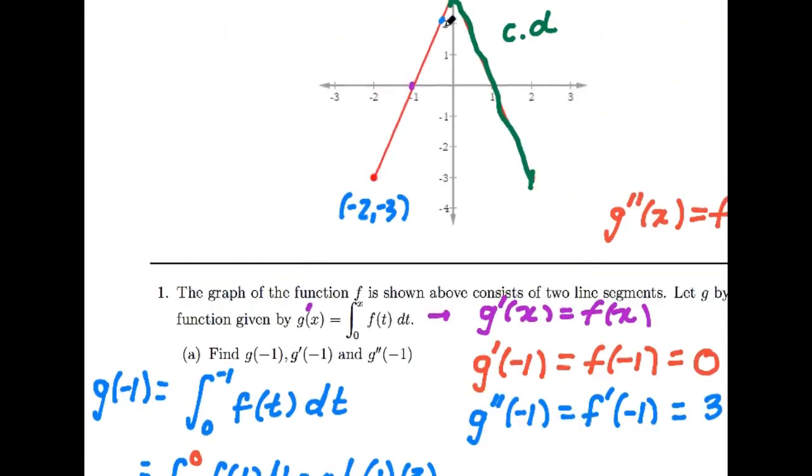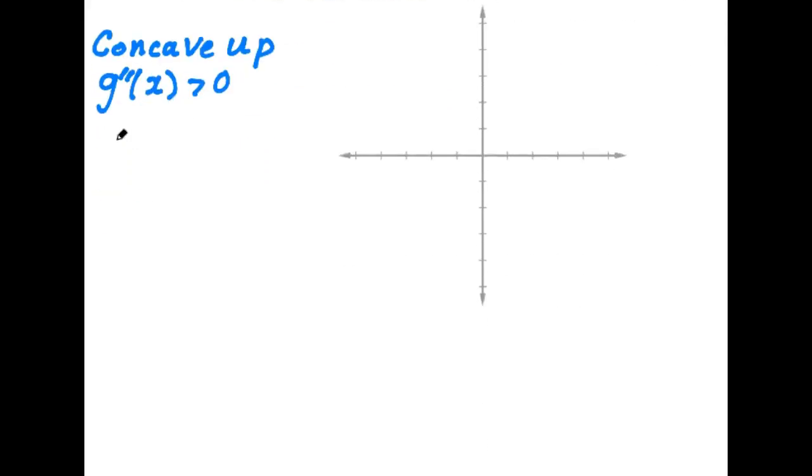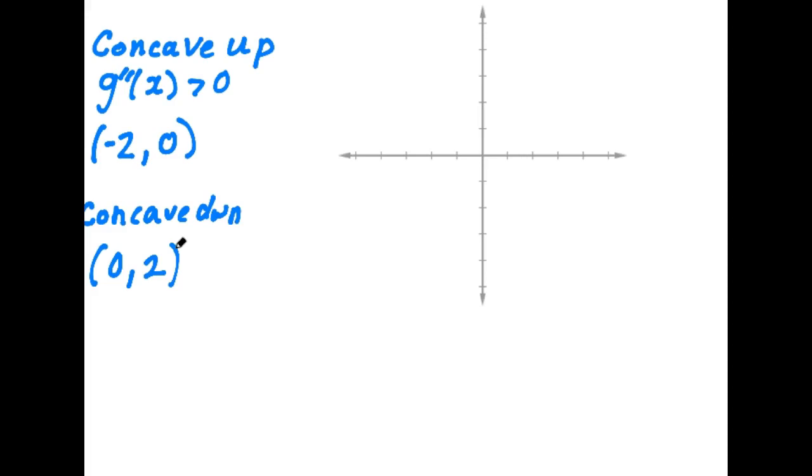From negative 2 to 0, there's concave up. We already just discussed the green line being concave down. So we need a graph that's concave up from negative 2 to 0, and concave down from 0 to 2.